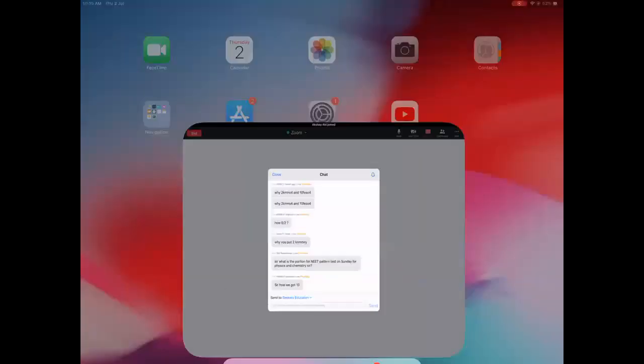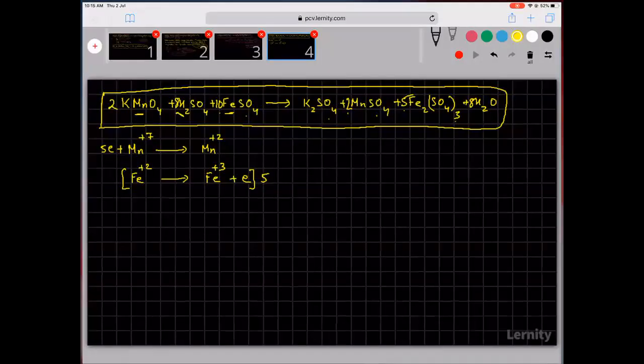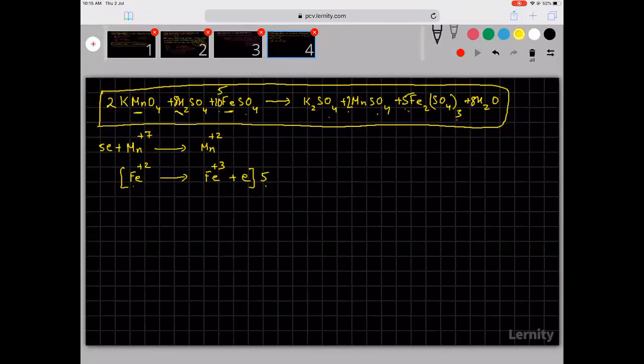You put 5 here. So what does this 5 mean? 5 Fe2+. If you put 5 here, how many will you put on this side? Each one has 2 Fe. Before you ask me questions, please ask yourself some questions.